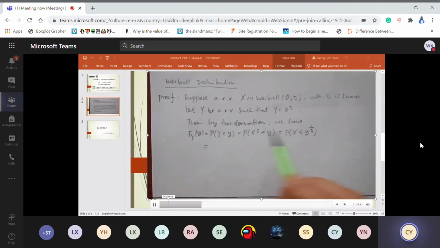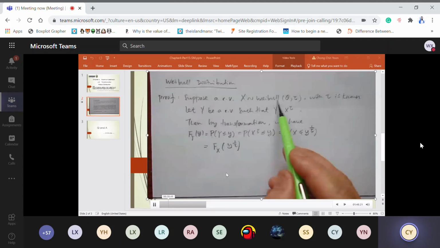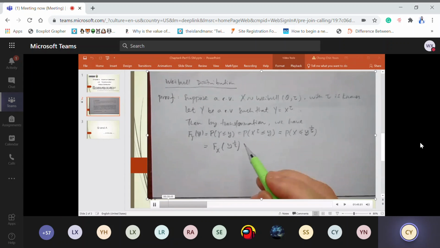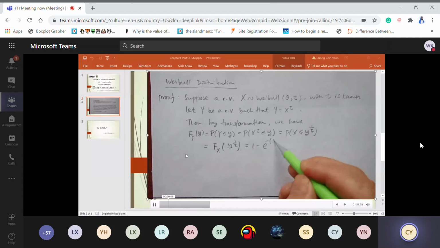So this is equal to the CDF at this value based on random variable x. So since x is a Weibull distribution, then this will give 1 minus e to the power of negative y to the power of 1 over tau divided by theta, to the power of tau.